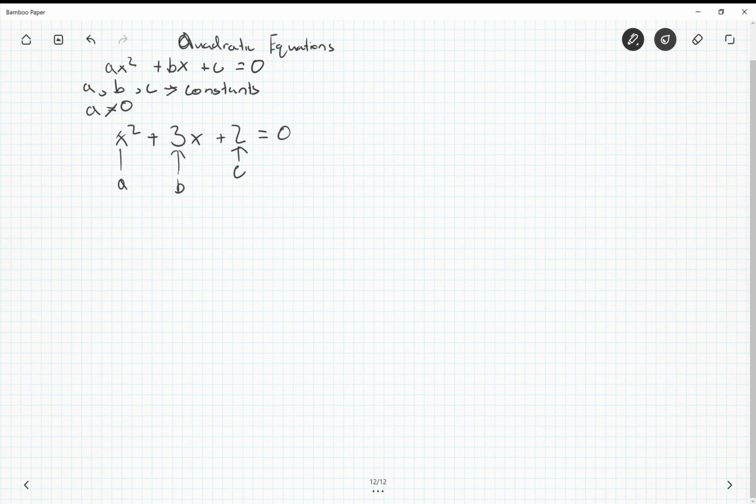Now we will figure out how to find x, and there are two ways I'm going to show you: the null factor law and the middle term factor law. I'll start with the middle term factor law.